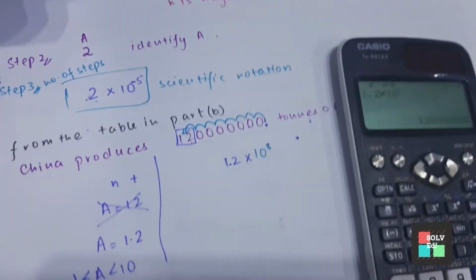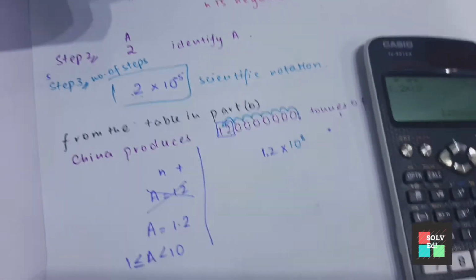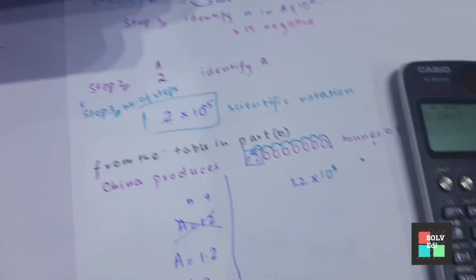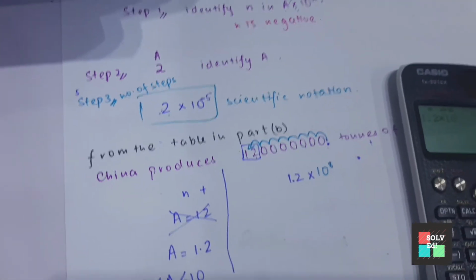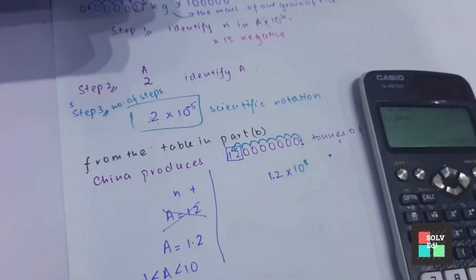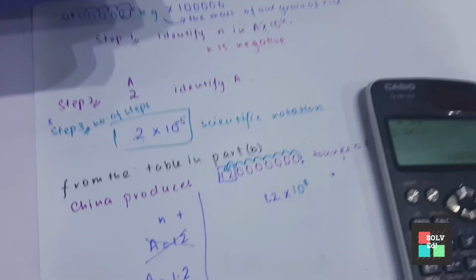You don't need to fall into the troubles of whether moving the decimal point right is going to give you a negative n, and moving the decimal point left is going to give you a negative n. You just have to focus on whether this number is big, large in scale, or smaller in scale.